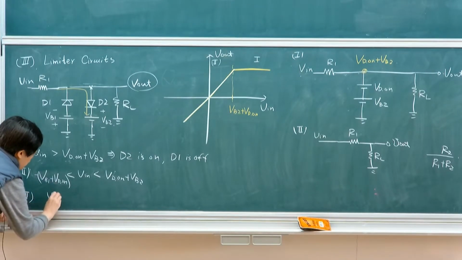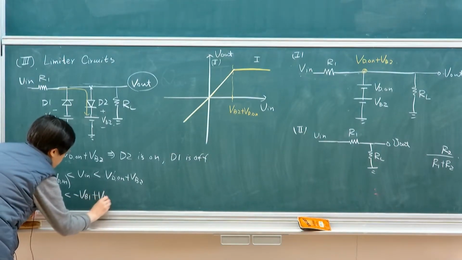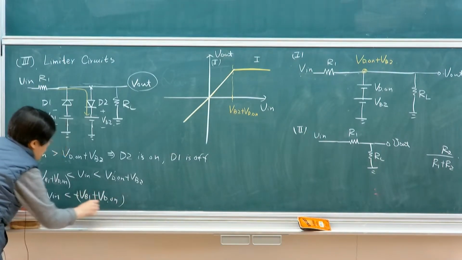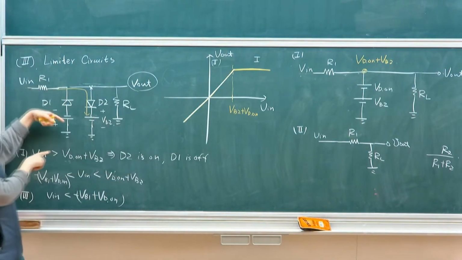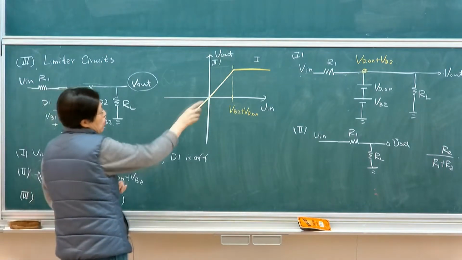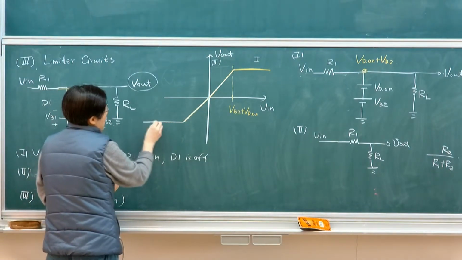So this will be when Vin is smaller than VB1 plus VD on. When it's less than this, what happens is that it will then turn on the negative branch. The reverse would happen, and then you would flatten out.